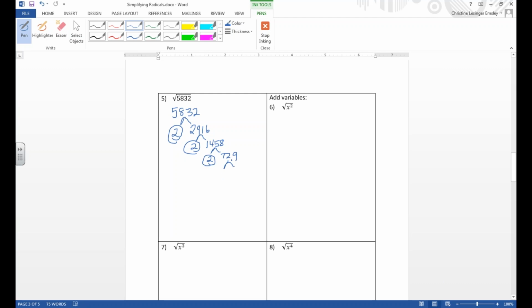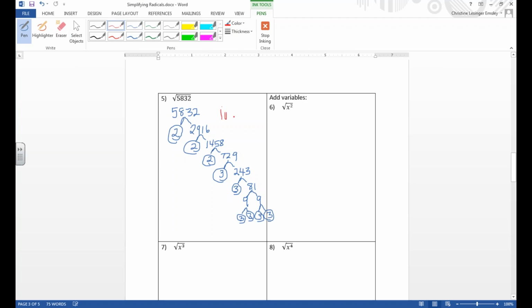And this one is not even, so 2 is not going to work anymore. I'm going to try 3. And when I divide that out on my calculator, it comes out. It's 3 times 243. And 243 is also divisible by 3. 3 times 81. There's one that I recognize. 81 is 9 times 9, which is 3, and a 3, and a 3, and a 3. Okay, so there's our big prime factorization.